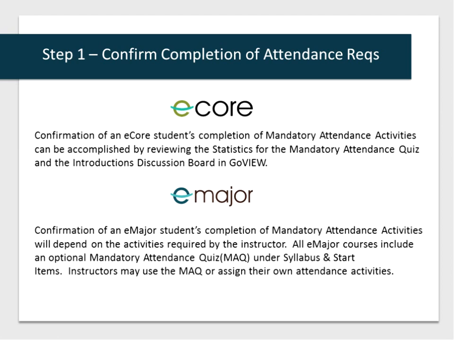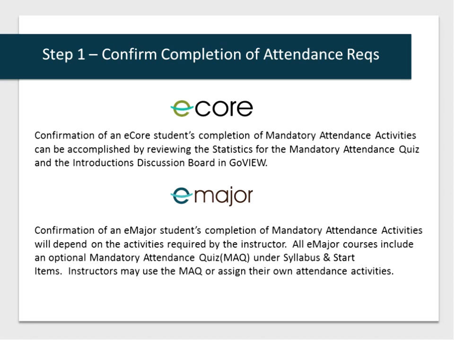Again, in eCore, most of the professors have a mandatory quiz, mandatory attendance, and then work on the discussion board. Also, some may use the login attendance as a tool to measure student engagement.